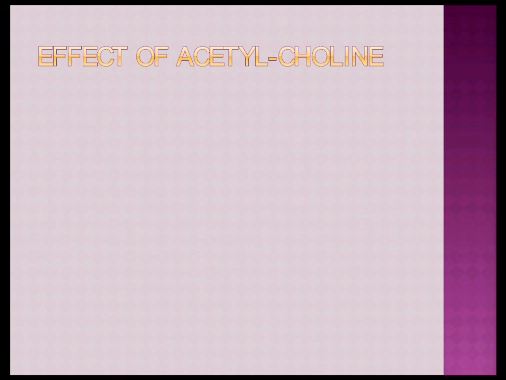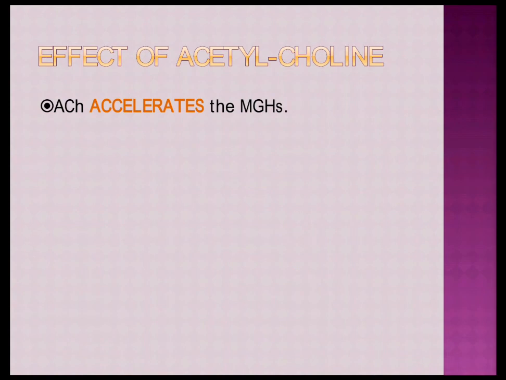Now students, here we are taking the effect of the acetylcholine. In this particular lecture, I'll be just talking about the acetylcholine. First of all, as we all know, the acetylcholine accelerates the myogenic hearts. In our case also, the acetylcholine is a neurotransmitter and it is accelerating our hearts.